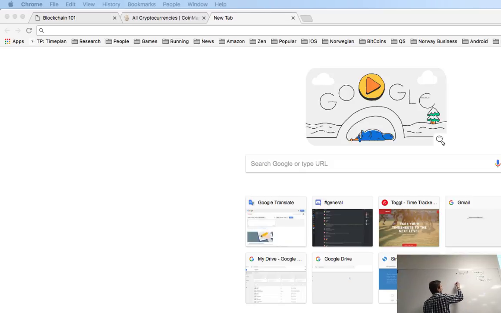So we have Alice and Bob, and they can send the Bitcoins to each other, right? Okay, so to send Bitcoins to each other, what do you need? What do Alice and Bob need to have? Computer. Yep. What else?